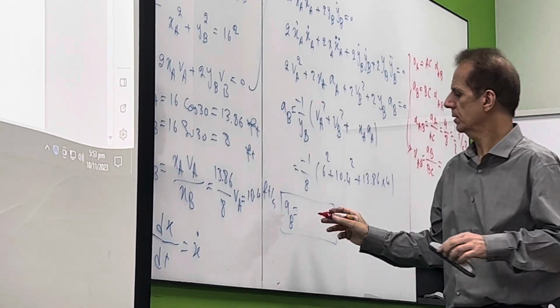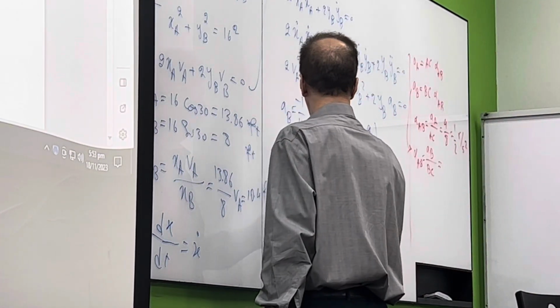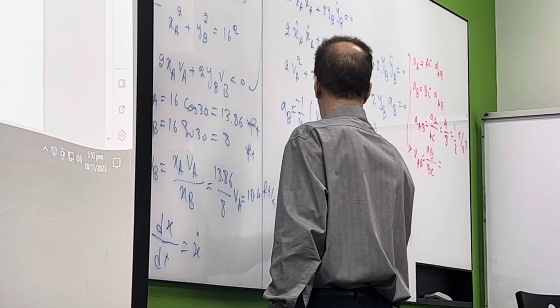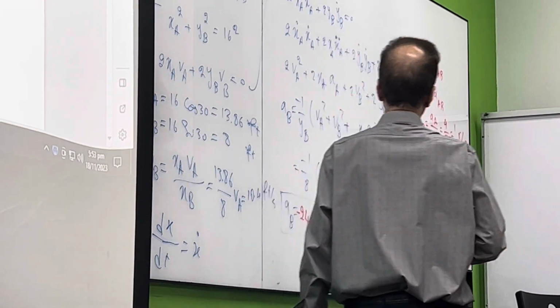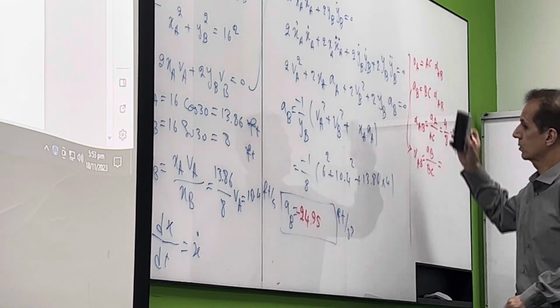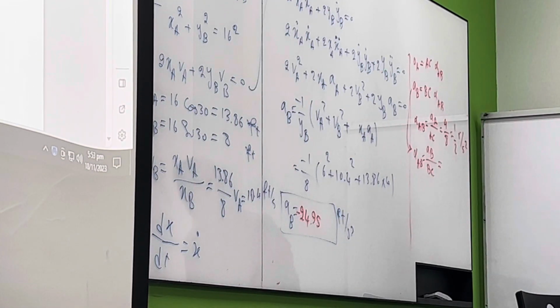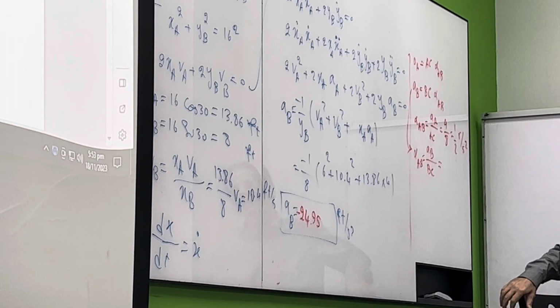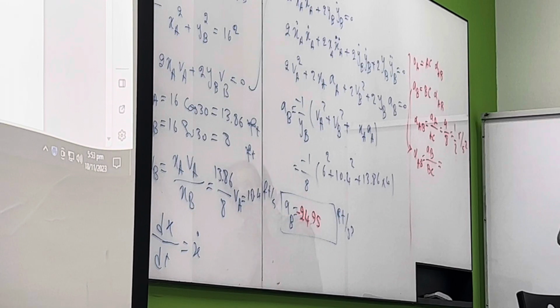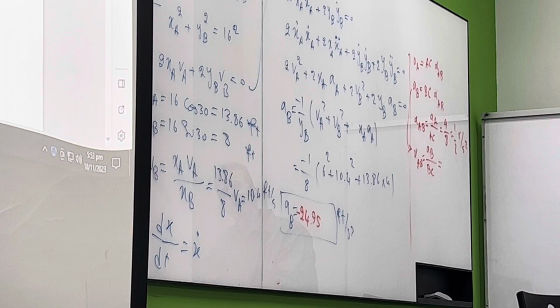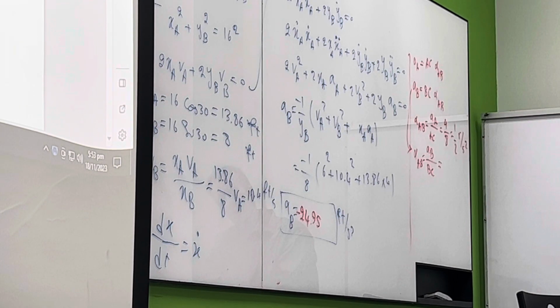So what was this number? Negative 24.95. So what is wrong in my equation here? Point A is turning about the instant center of rotation, and its acceleration is in that direction. It doesn't have any other acceleration.